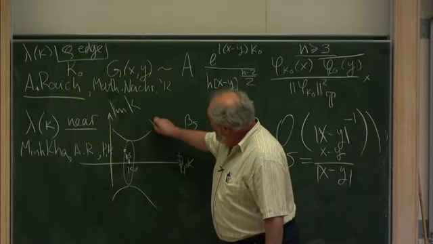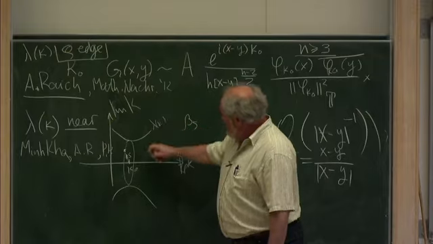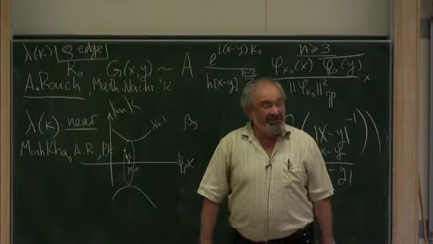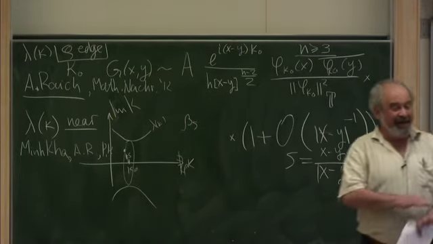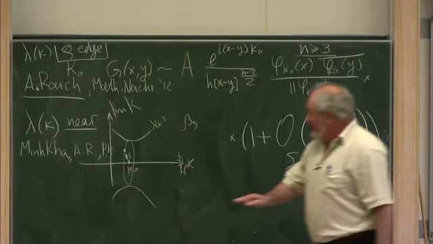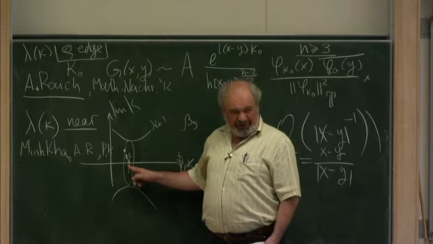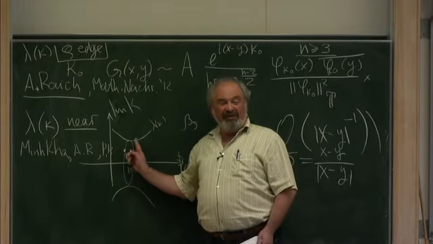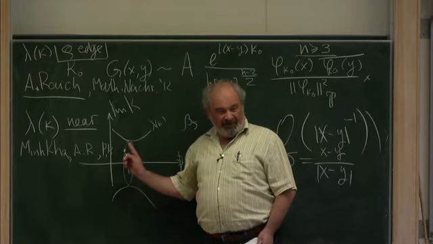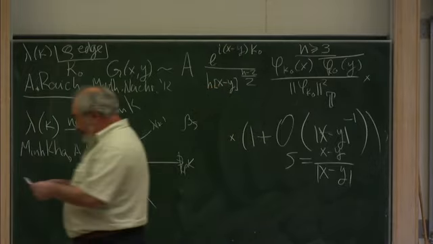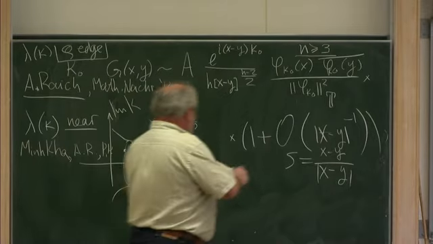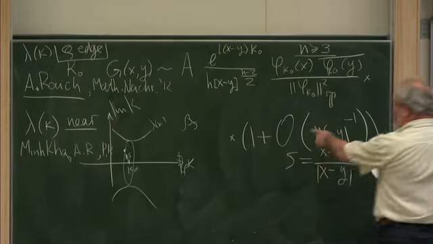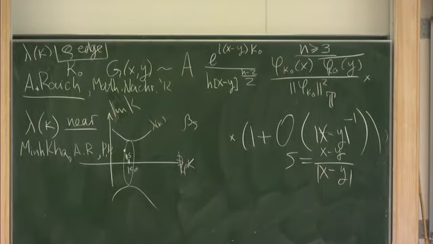So, lambda of k exists everywhere. It's a function of k in the complex domain. You don't have it if you are not in the spectrum, but when you go to the complex domain, you will hit it eventually. Then, up to some coefficients, and here we will not have a multiplicative thing, and the estimate of the error will be worse.